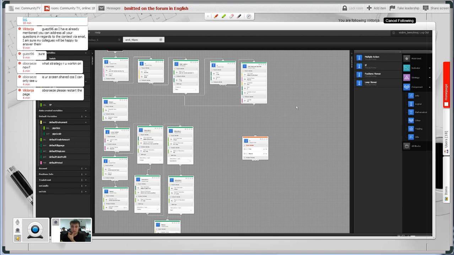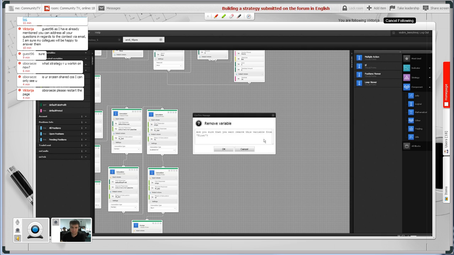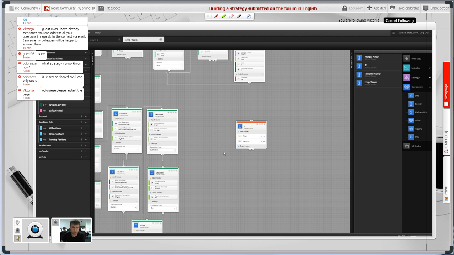I think I missed something. Okay, we'll make a procedure and then we'll connect it later. First, we check how many positions we have. We check all positions, pending and open. We check the amount, and it should be 0.